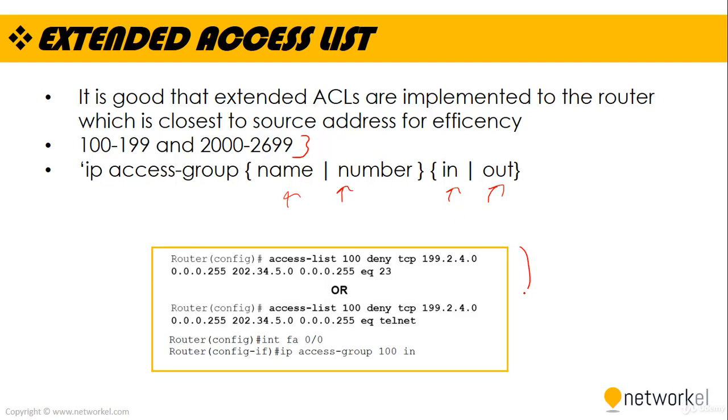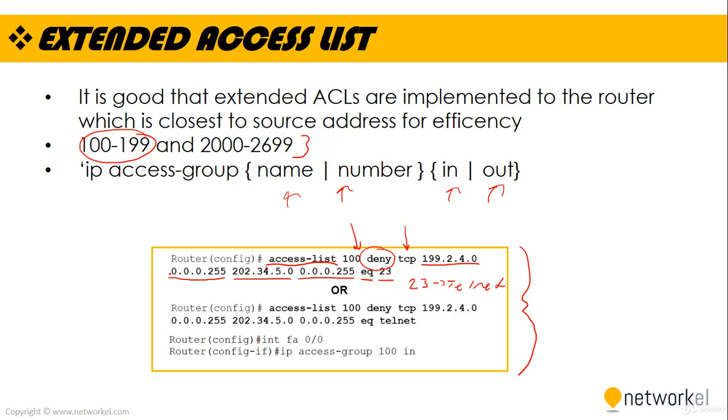And here is the configuration example. Access list, this time 100, which is in this range, as you can see, is denying the TCP traffic which is coming from this source and going to this destination for the ports equal to 23, which is the telnet port.